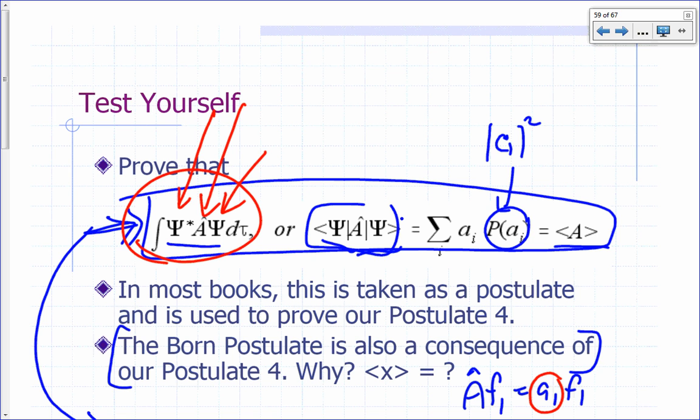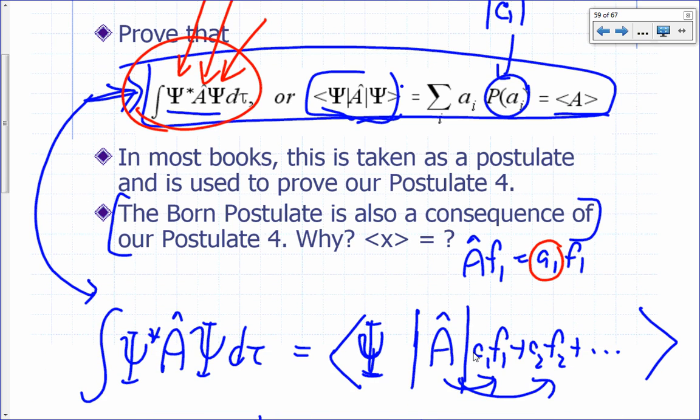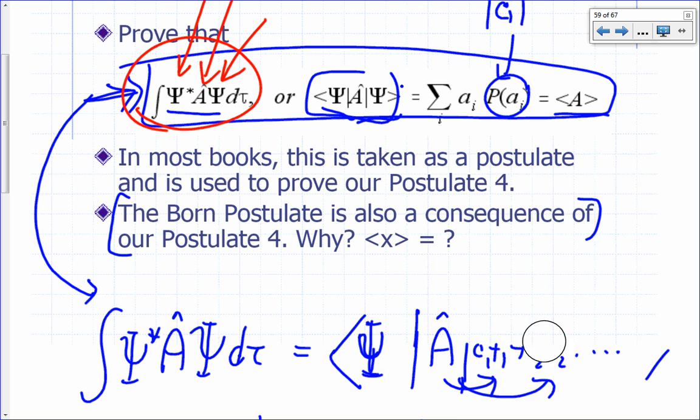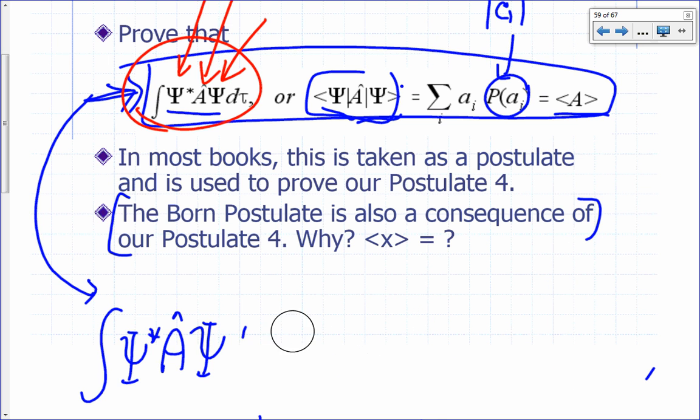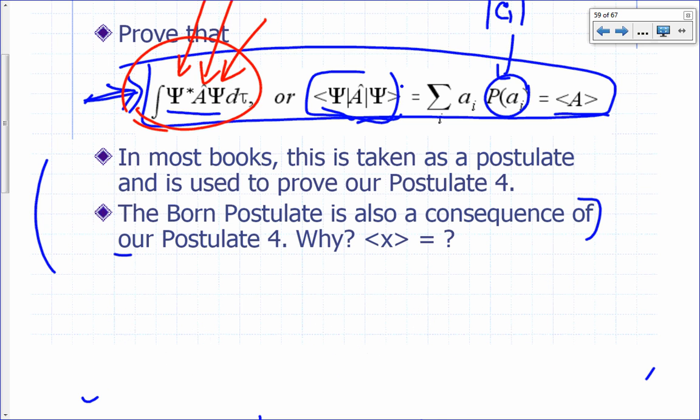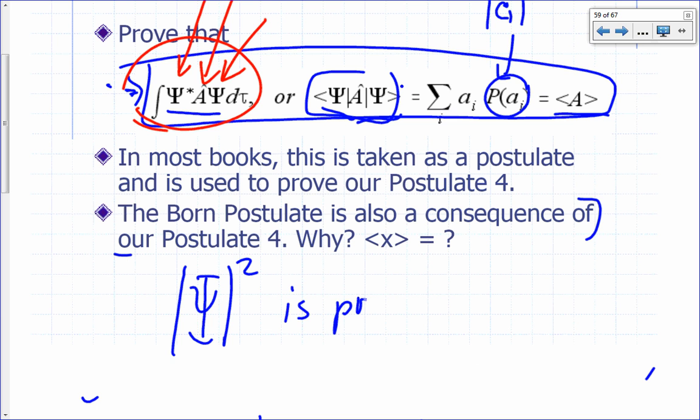Okay? Now, the Born postulate, we talked about the Born postulate earlier, a few lectures back. What did we say the Born postulate was? That absolute value of psi squared is a probability density function, right?